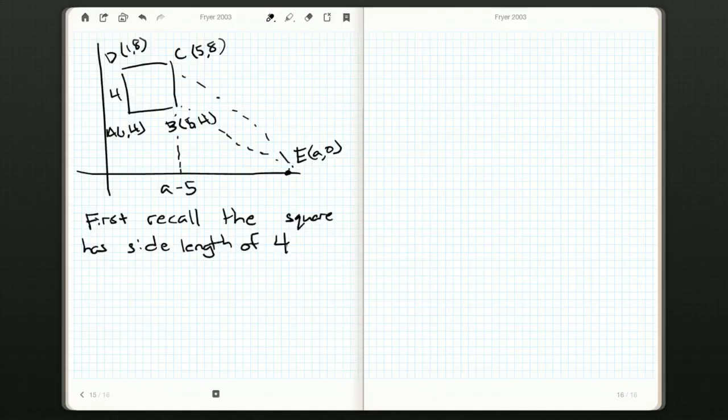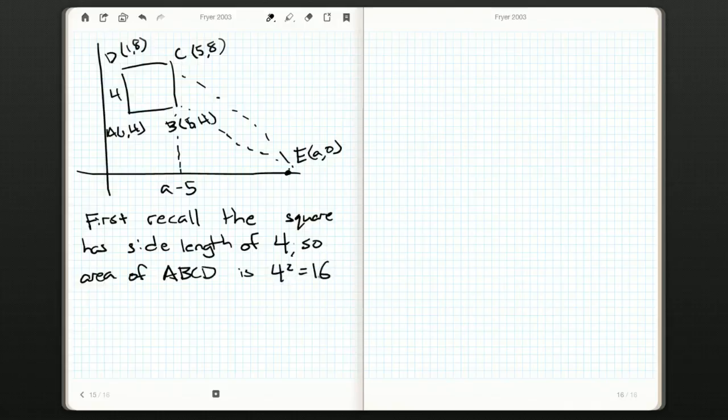So first, let's notice that the square has a side length of 4. We figured that out on the last page. So the area of a square is just 4 times 4.